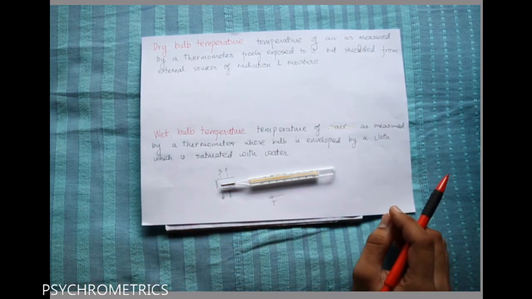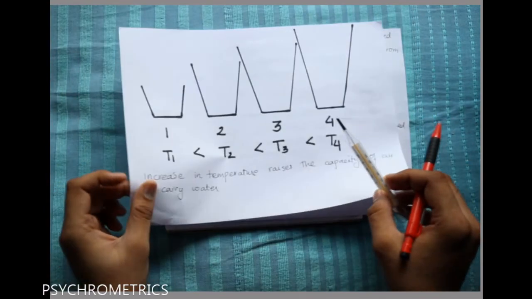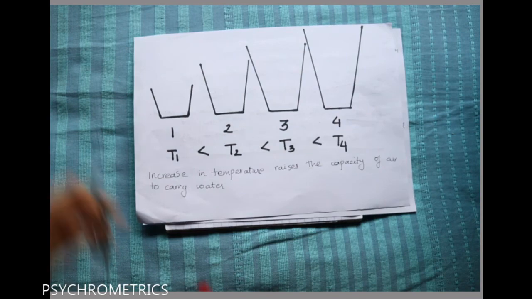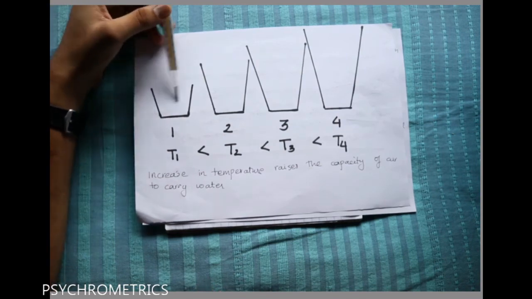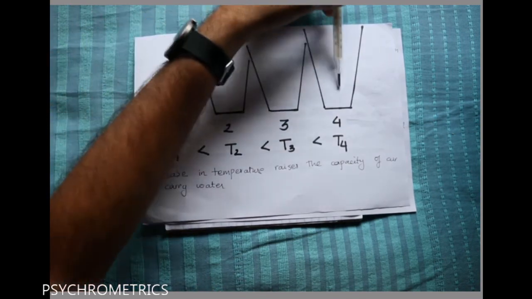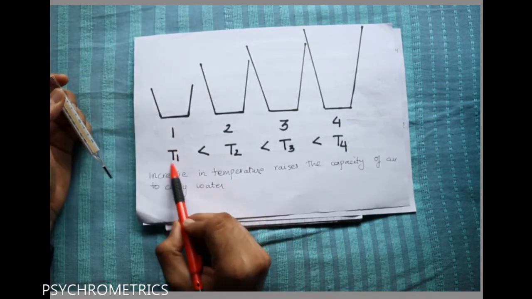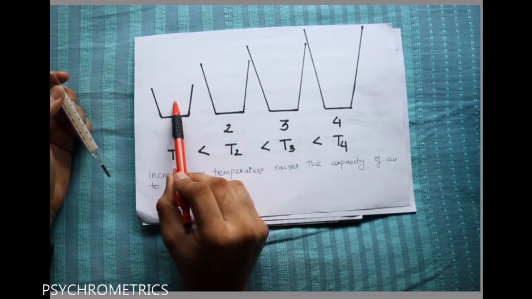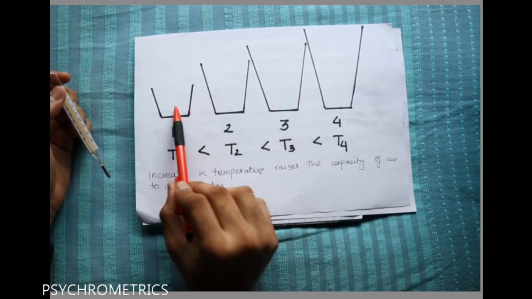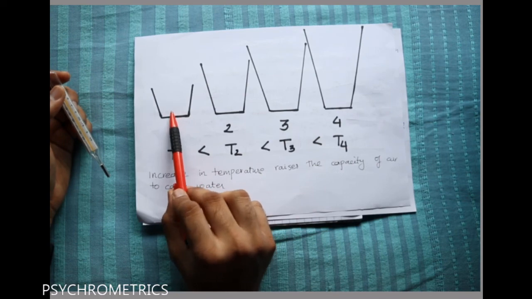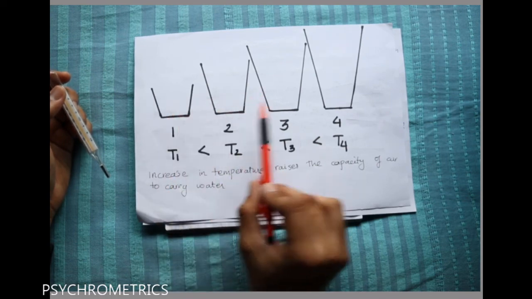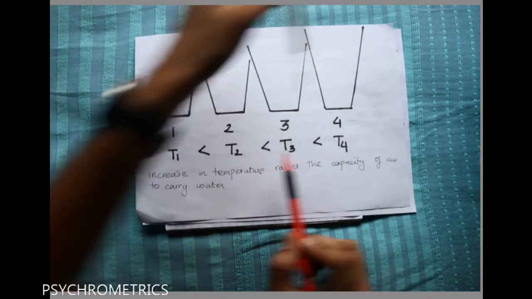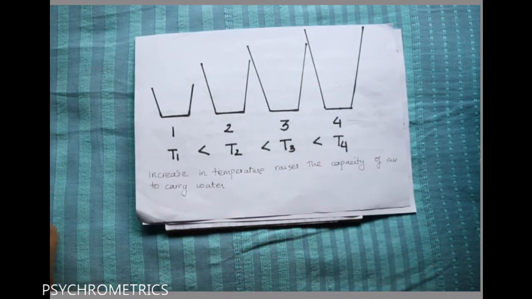Again, we look at our example of the glass. In each of the cases, if we had just measured the temperature, we would get certain temperatures, T1, T2, T3, T4. Now we are measuring the temperature of the gas mixtures 1, 2, 3, 4 at different temperatures, and we are going to get different values of dry bulb temperatures.